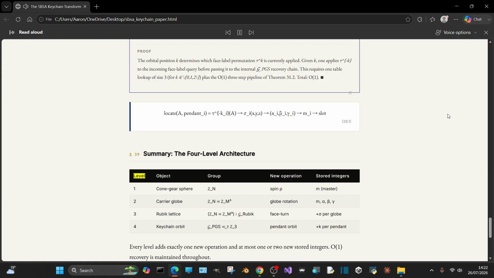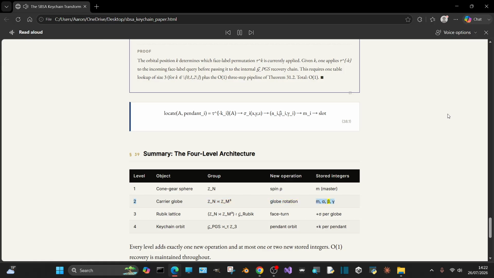Level. Object. Group. New operation. Stored integers. 1. Cone gear sphere. _N. Spin row. M master. 2. Carrier globe. _N right semidirect product _M cubed. Globe rotation.